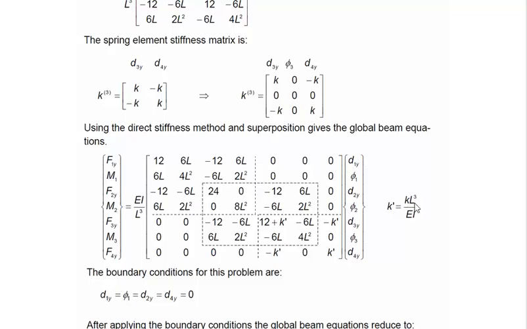K prime would be KL cube over EI. K will take this form of K prime when you place EI over L cube outside of this matrix. So instead of the entries being K, these entries will become K prime. That is why the entries of the spring which are placed here do not have K, rather they have K primes.